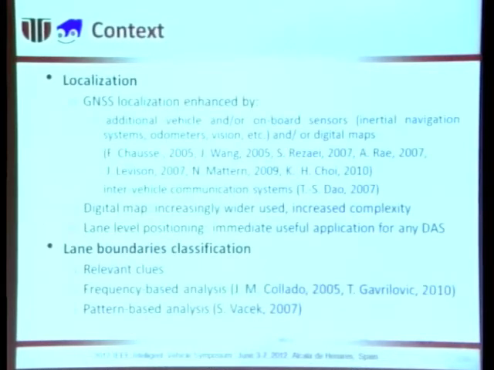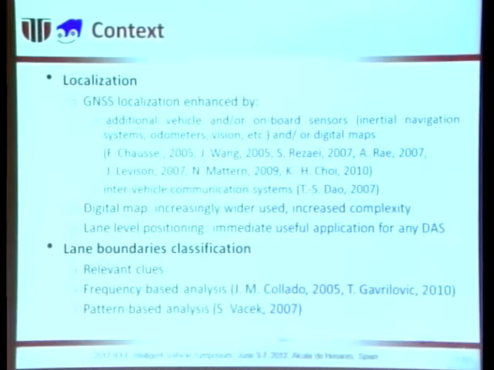The context is the theme of localization, which has gained increasing awareness from the research community in the intelligent vehicle transportation domain. The most classical approach for localization is based on a global navigation satellite system.